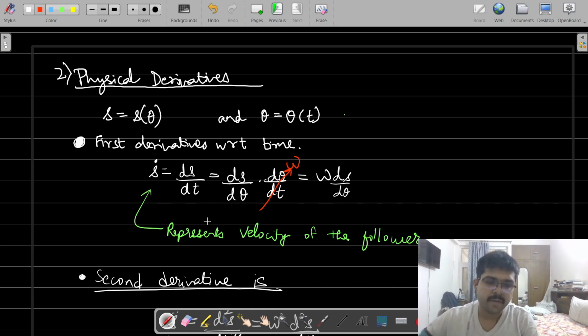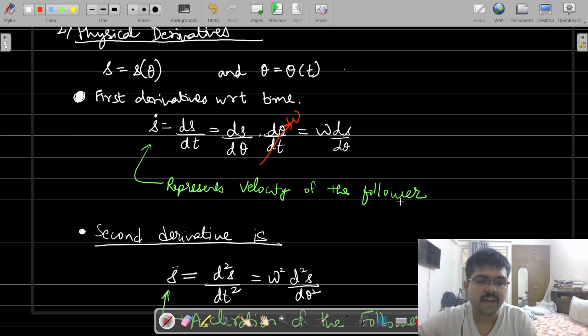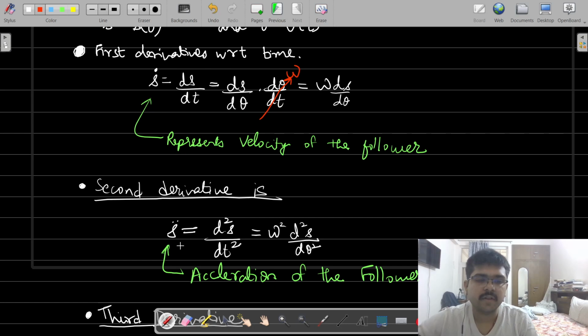Now S dot represents the velocity of the follower, as you can see. If we do the second derivative of the displacement, we get d square S by dt square, which is omega square d square S by d theta square. This represents the acceleration of the follower.